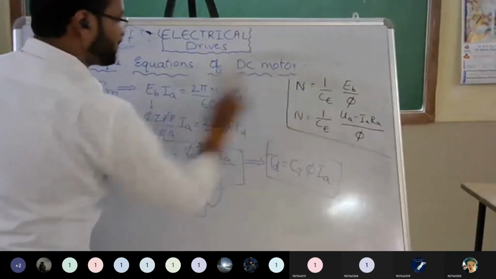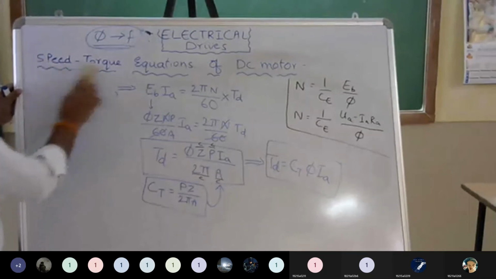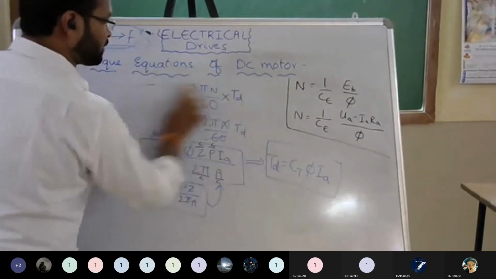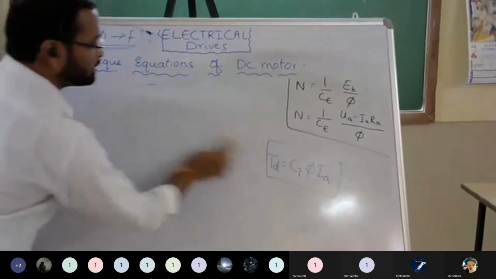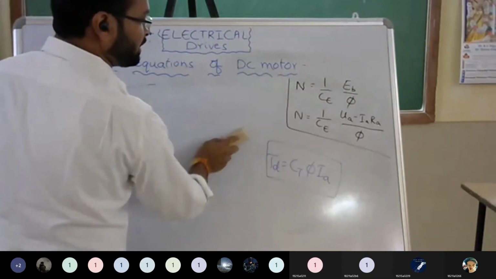This one is the speed formula. What we actually want is the speed torque equation. So we derived the speed equation, and we derived the torque equation also. This is the torque equation, this is the speed equation.